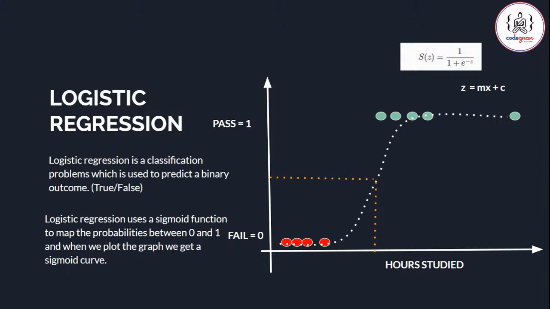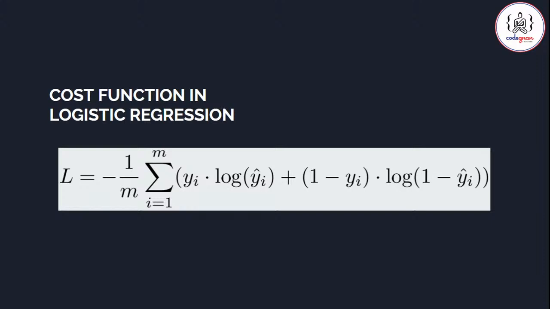Alright, so here we have this cost function in logistic regression, which is L equals to minus 1 by M, and here M is the total number of data points.